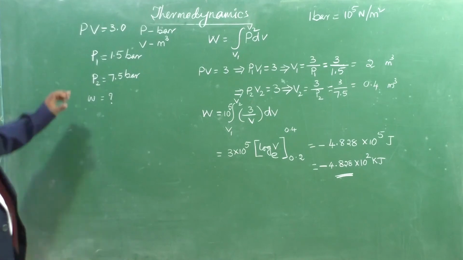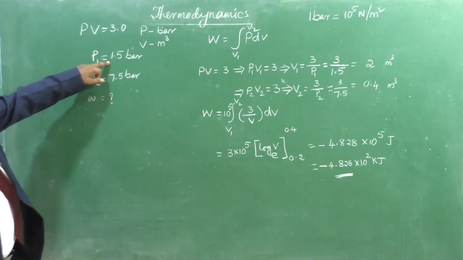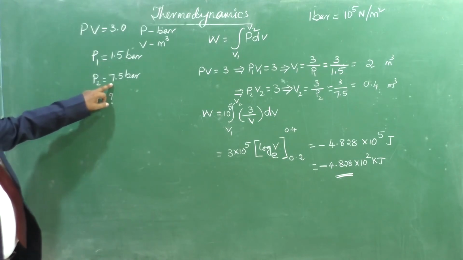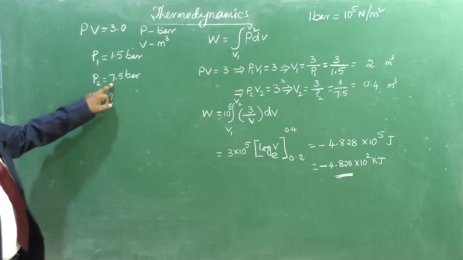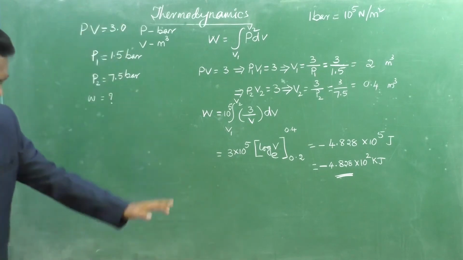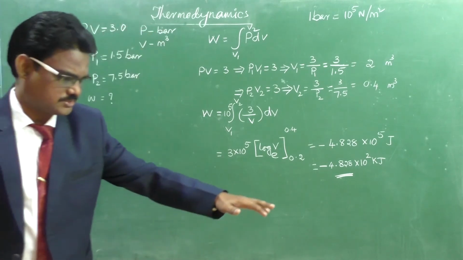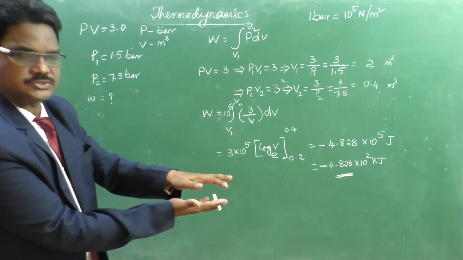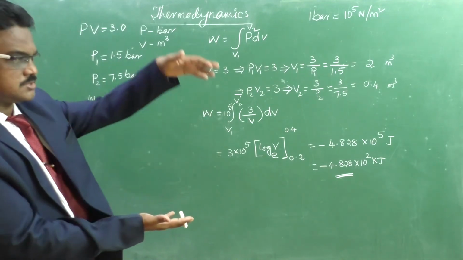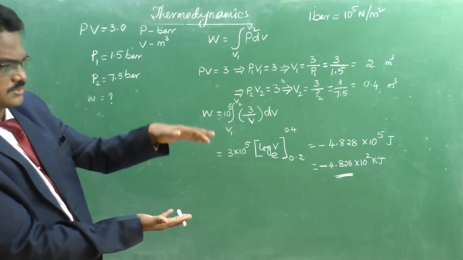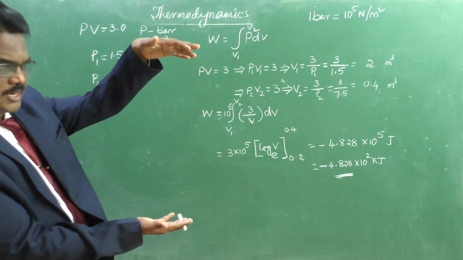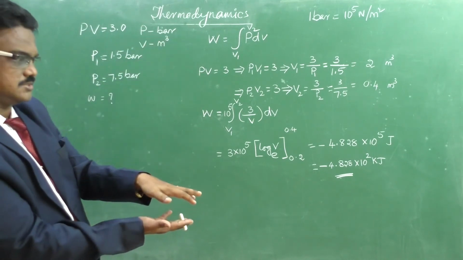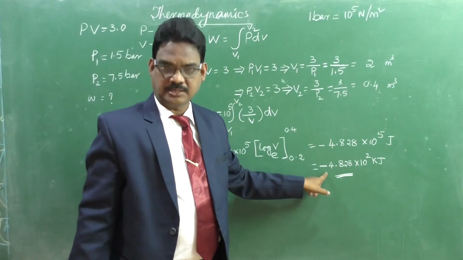Observe: pressure is 1.5 initially and the final pressure is 7.5. Pressure increases, and when pressure increases, volume will decrease. That is the reason it is a negative sign.